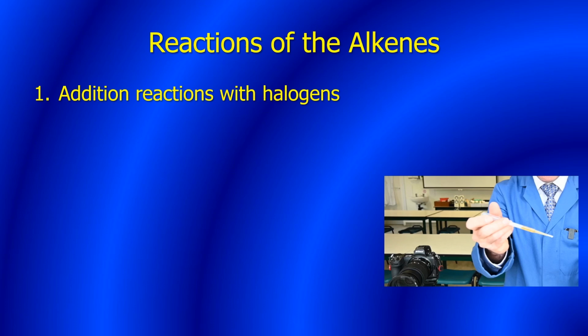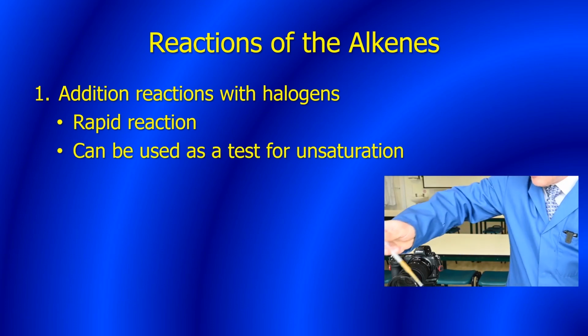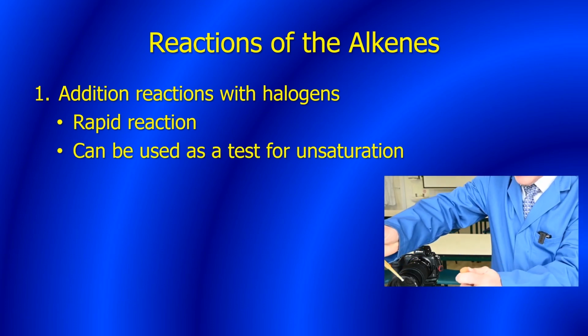In this case, the alkenes undergo addition reactions where a halogen will add onto the alkene molecule, and it will add over the double bond by breaking the double bond. This reaction is a very fast reaction, and it can be used as a test for unsaturation.